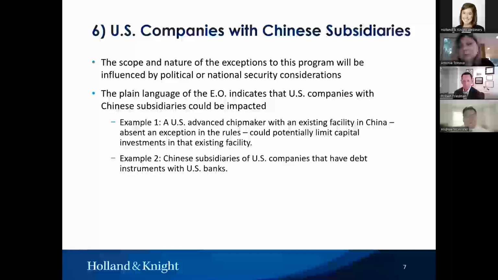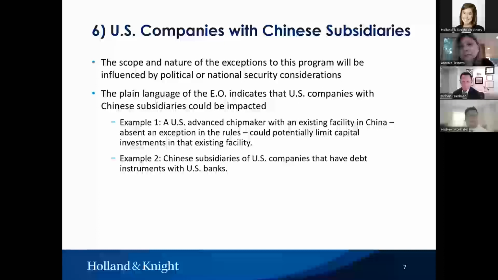So company A, a U.S. company, say, owns company B, a Chinese company, and company C, another U.S. company, is investing into company B. The notion of an accepted transaction when it comes to a Chinese subsidiary would not cover that situation.